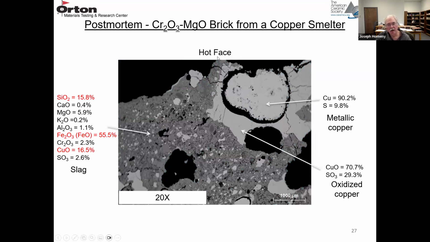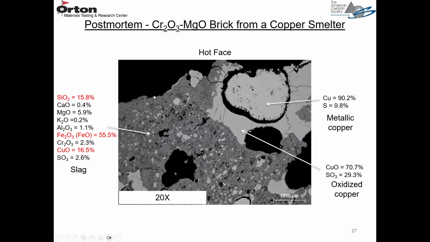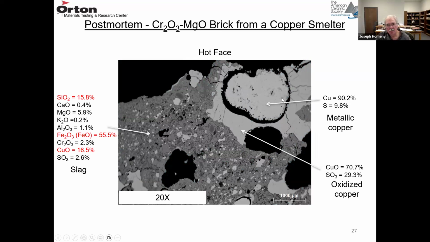And then this is the reaction taking place at the hot face. This is right at the hot face here. So this is basically metallic copper, this spherical particle. It's about 90% copper. It's surrounded by oxidized copper. So CuO is about 70%, plus it contains sulfur, probably copper sulfate.